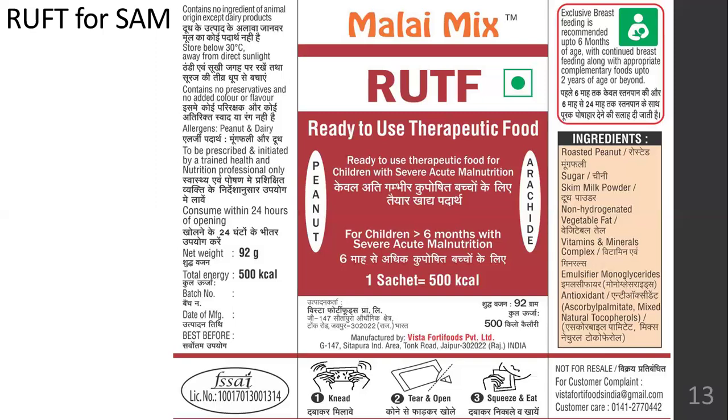So one sachet, if the child is able to finish this one packet, it means 500 kilocalories the child has eaten. One sachet is equal to 500 kilocalories. Usually given to children who are more than 6 months of age and who suffer from severe acute malnutrition. For them, rough diet is given.